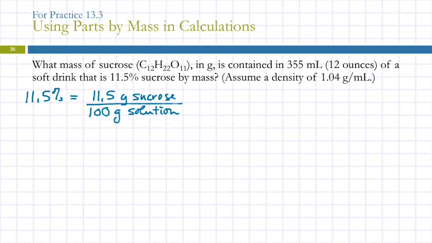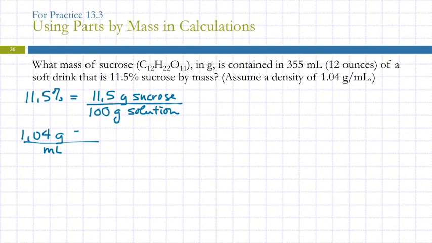What else do they give us? They give us the density. So the density is 1.04 grams per milliliter. Well, we've got two things here, right? We've got sucrose, and then we've got the whole solution, the soda. What's this the density of? The soft drink, right?